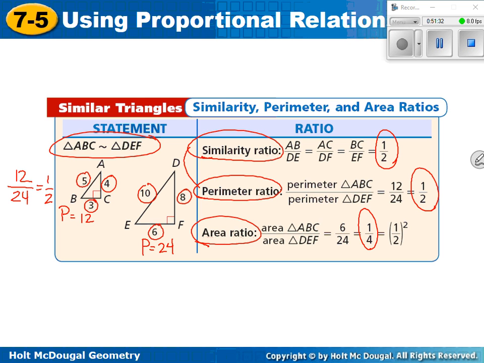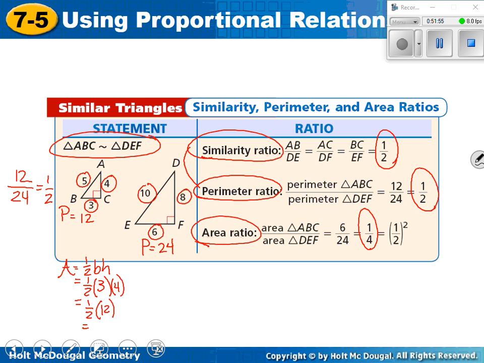Let's calculate the area again just to make sure we know how. How do you find the area of a triangle? 1/2 base times height, or base times height divided by 2. So that's 1/2 of what? Okay, but 3 and 4, which is half of 12, which is 6.